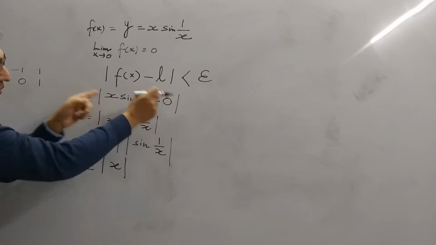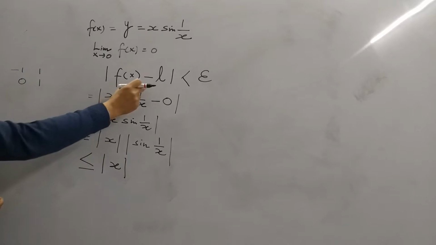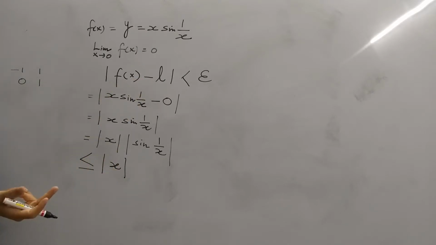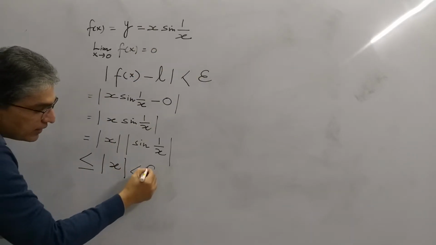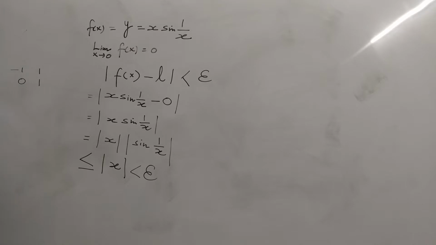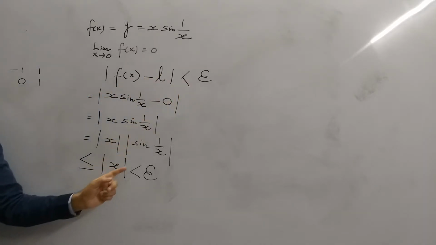This is the value of the function and this is less than or equal to this. So the greatest value of this is x. And since this is less than epsilon, this is also less than epsilon. Okay? That means if this is less than half, this is also less than half.